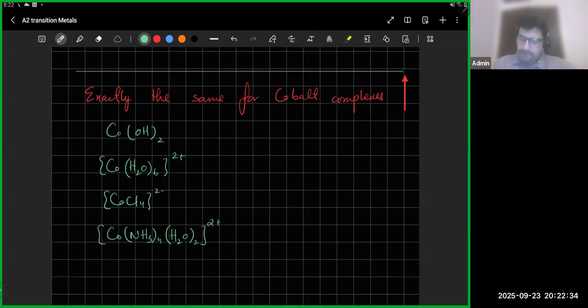This one is brown. So exactly the same equation, you're going to write exactly the same equation. With Cl, it's going to be blue in color. With water, it's going to be pink.